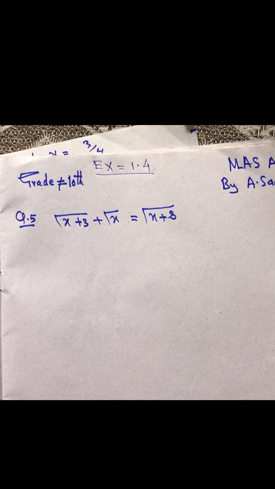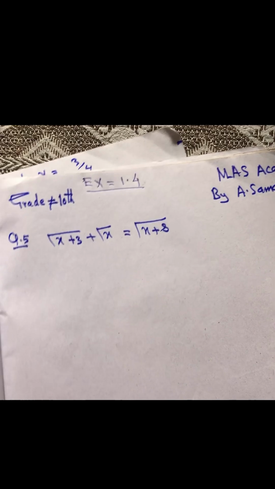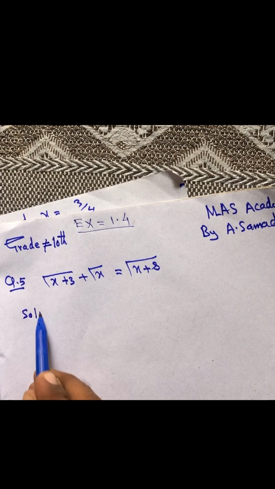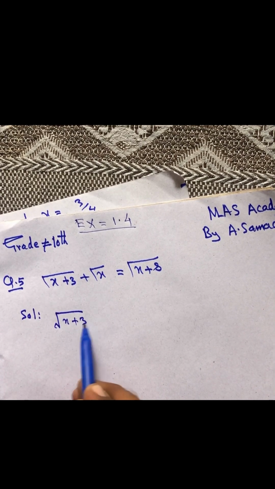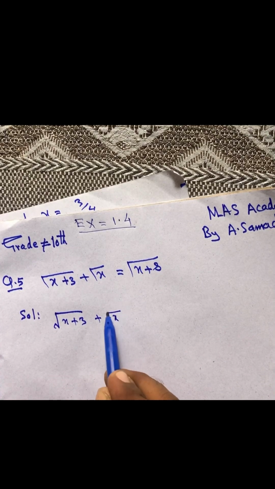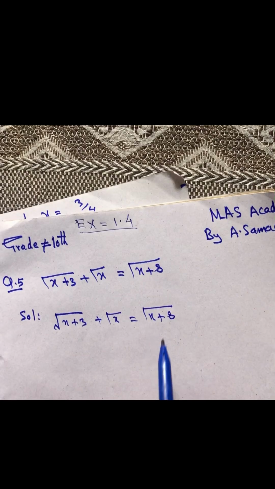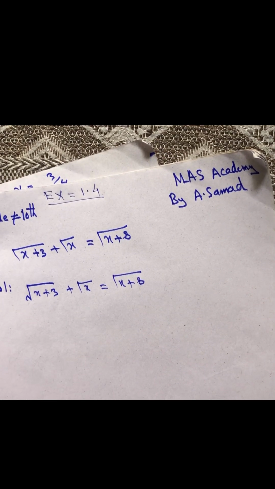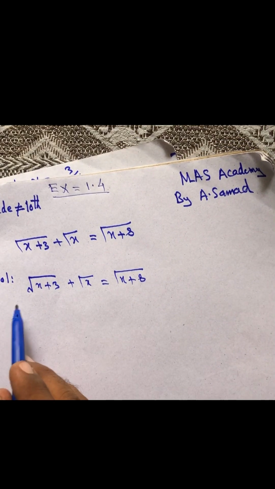After writing the question, the same step: square root of x plus 3 plus square root of x is equal to square root of x plus 8. Now, as we know, to remove the radical sign or square root sign, we have to square both sides. Squaring the equation on both sides.